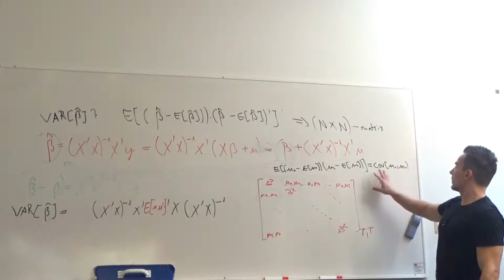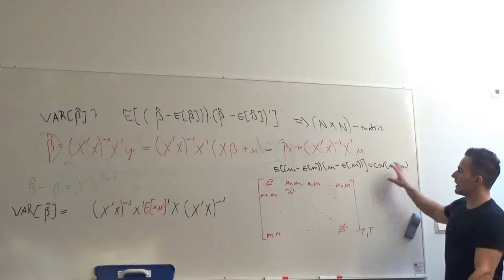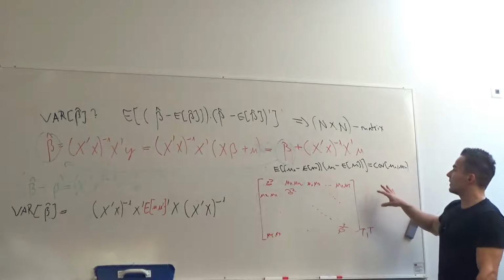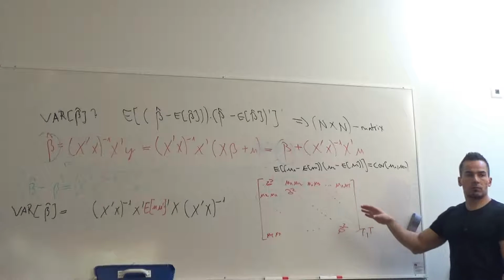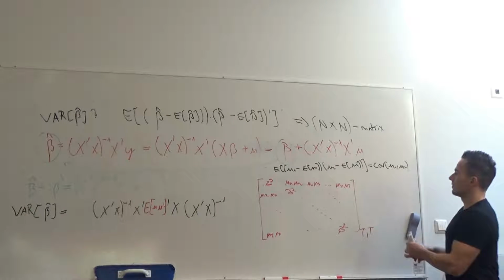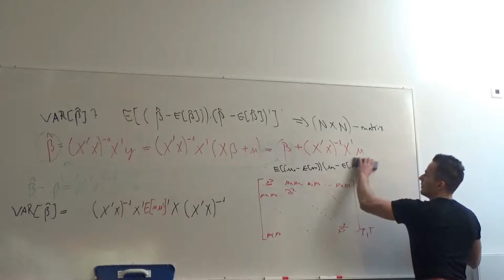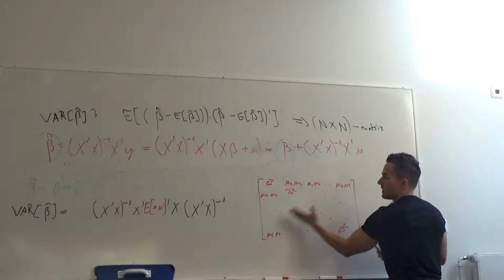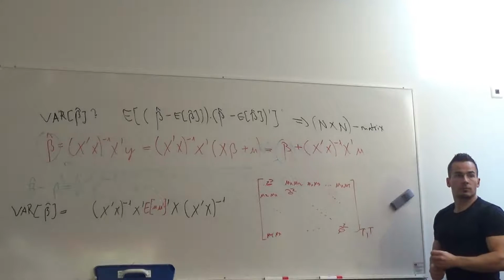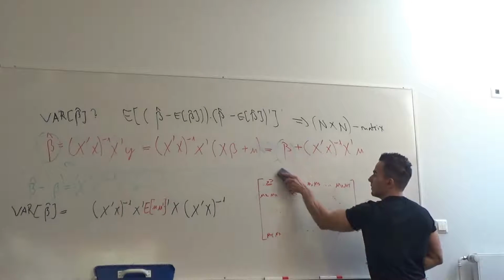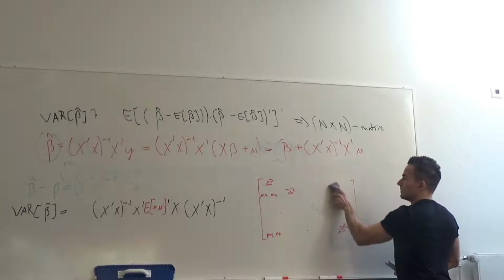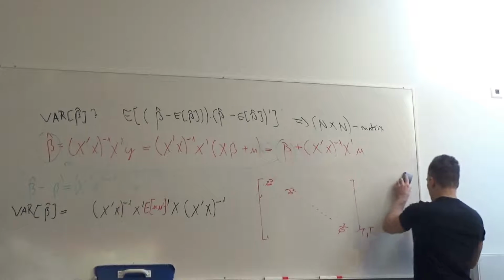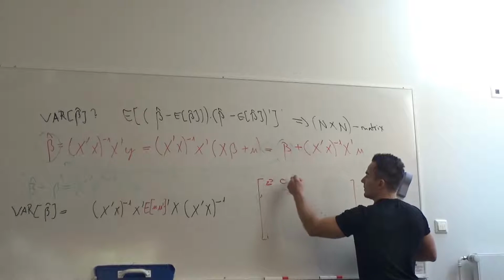So because the covariance between our errors is, according to our OLS assumption, 0, everything above and below the main diagonal is 0. Zeros everywhere else.